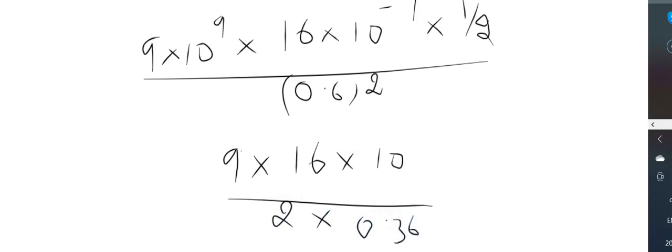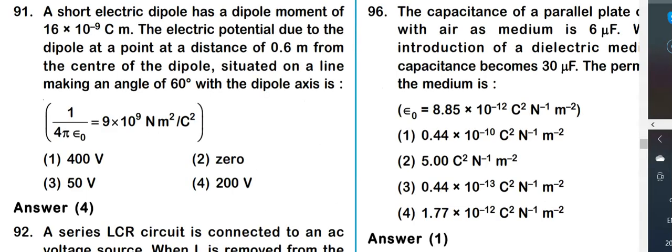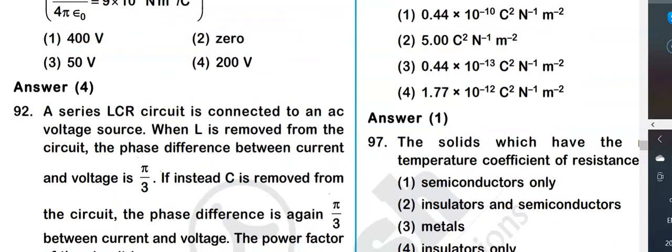When we simplify this, we get 200 volts. 8 times it goes, 10 to the power of 9 gets cancelled, so you get it as 2, and 16 goes 8 times, and when you cancel this you can see that it will be 200 volts. So option 4 is correct. Look into the second question.